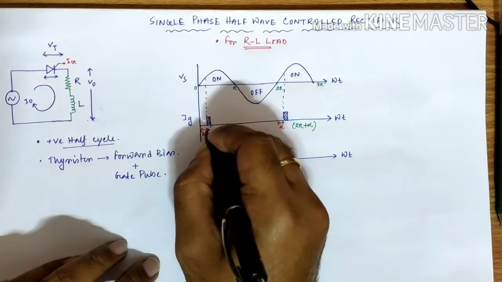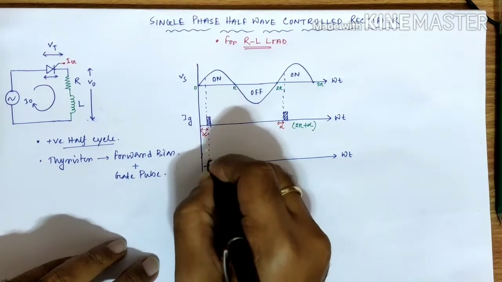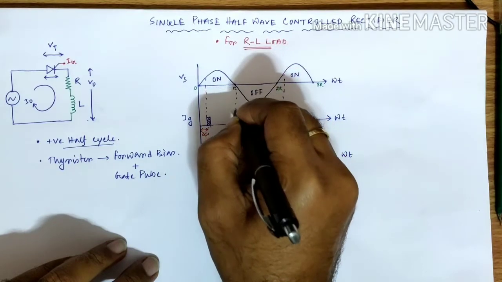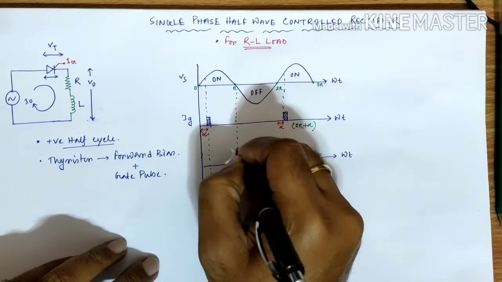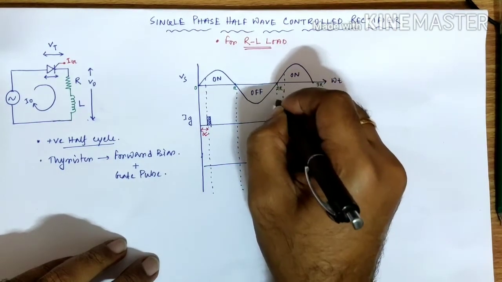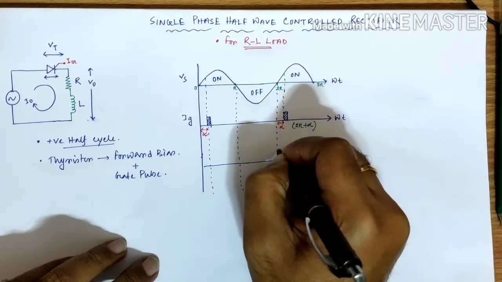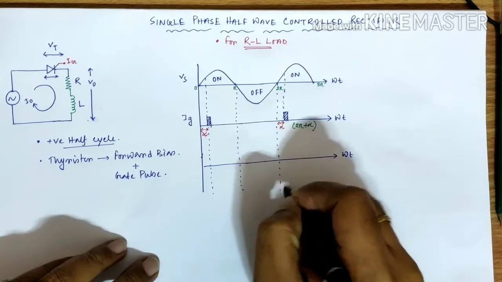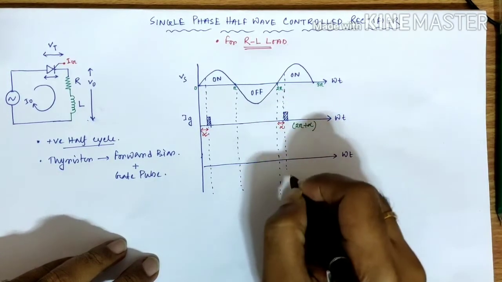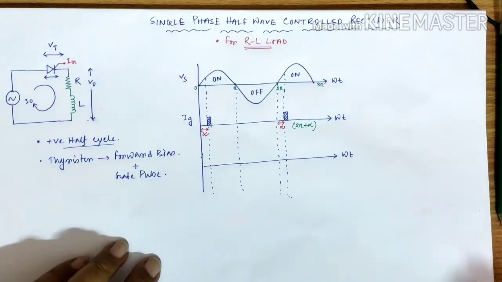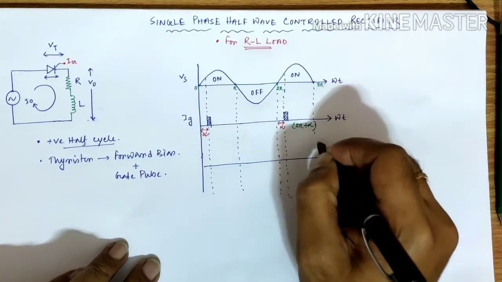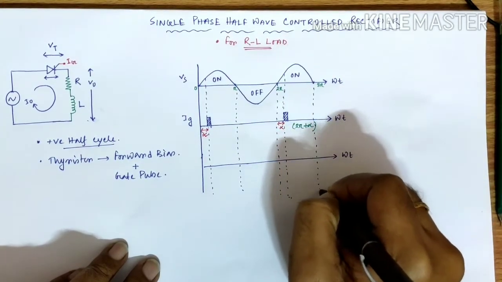So this is the position of the gate pulse. This is the corresponding position of pi. Let me mark it: this is the position of 2 pi, this is the position of alpha, and this is the end of 3 pi.